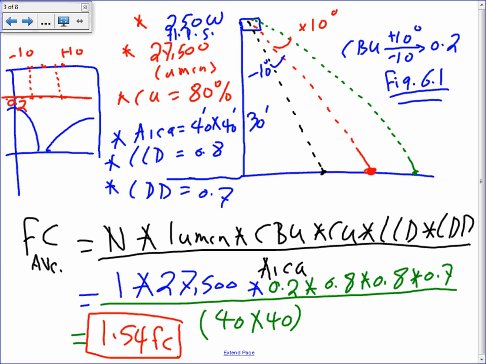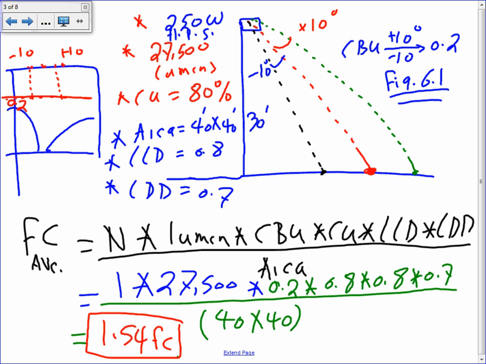If you go to Fig 6.1, which is the one I'm looking at, and go 10% above and 10% below, it will give you a coefficient of beam utilization for this fixture of 0.2. You go 10 above, 10 below, and you cut it, and it will reference. Can you see if you go across, it will get you 0.2.